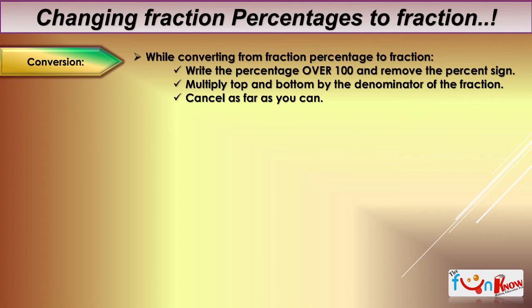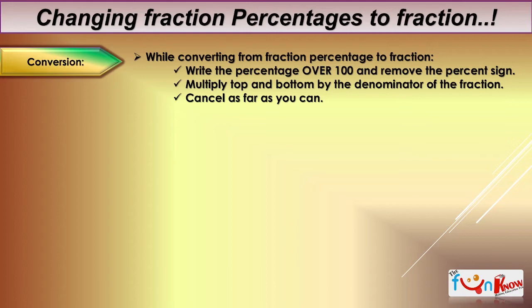Means whatever the fraction percentage is, you have to write it above 100 and then remove the percentage sign. Second, you have to multiply top and bottom with the denominator of the fraction. So students, whatever the denominator is, you will multiply it at the top and the bottom, and cancel as far as you can.